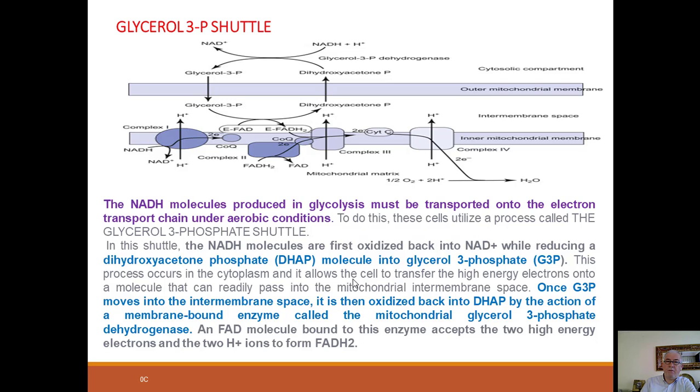Cytosolic glycerol-3-phosphate dehydrogenase uses dihydroxyacetone phosphate as substrate. Dihydroxyacetone phosphate receives 2 electrons from NADH and turns to the reduced form, glycerol-3-phosphate. Glycerol-3-phosphate is able to pass the outer mitochondrial membrane and enter the intermembrane space, and there glycerol-3-phosphate turns to dihydroxyacetone phosphate again by the intermembrane space form of glycerol-3-phosphate dehydrogenase.